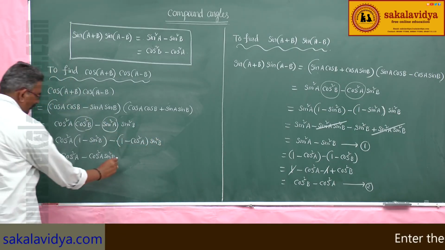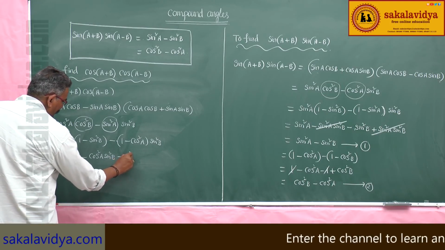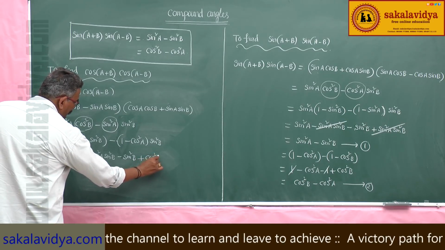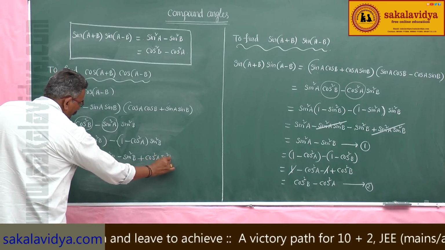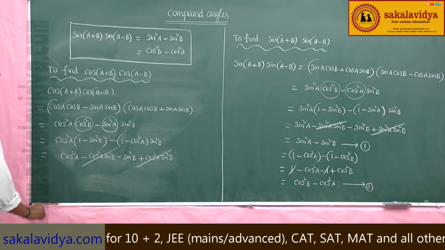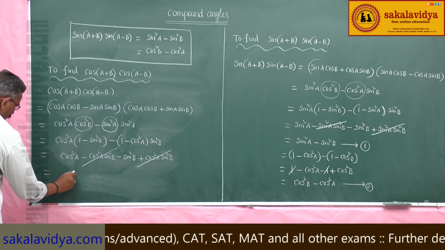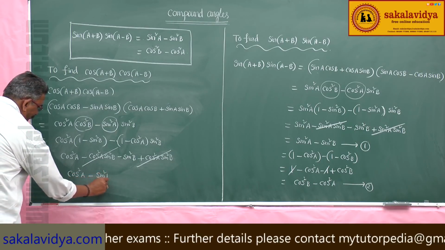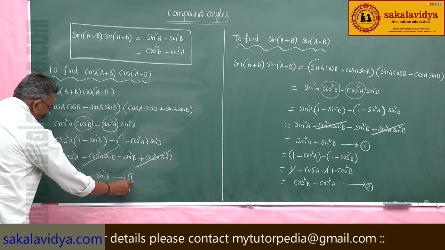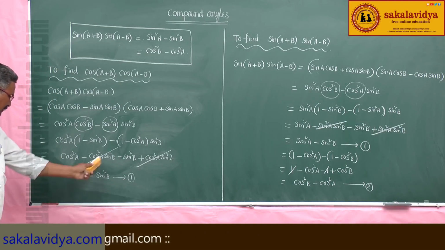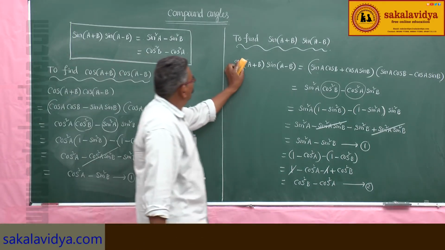You see, minus sin square B and plus cos square A sin square B. These two get cancelled. We have cos square A minus sin square B. Say, equation 1. Now change cos square A in terms of sin, and sin square B in terms of cos.